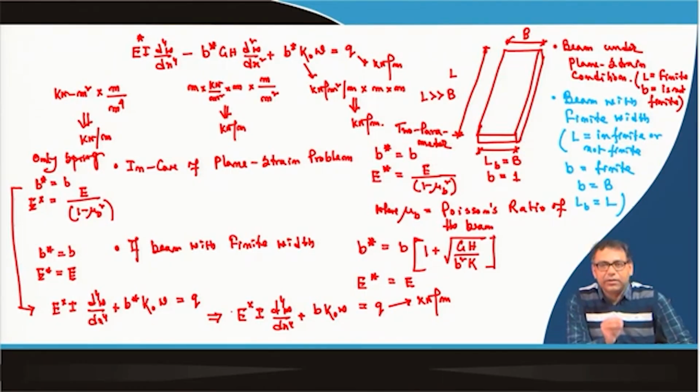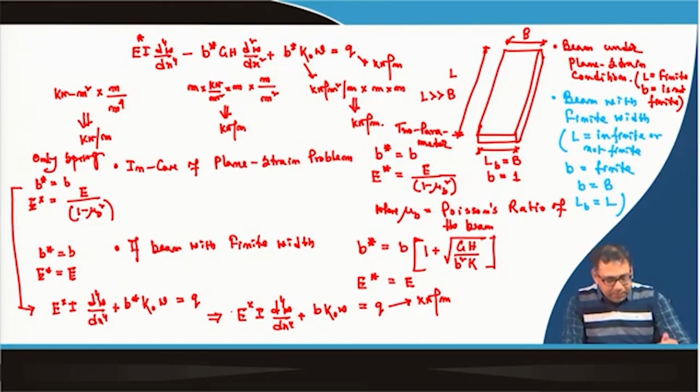So, basically in such a case your k0 will be equal to k, because B is unit. Only the k0 and the k units will change. k0 unit will be kilonewton per meter cube and k unit will be kilonewton per meter square, because we have multiplied with a 1 meter unit with the k0, clear.